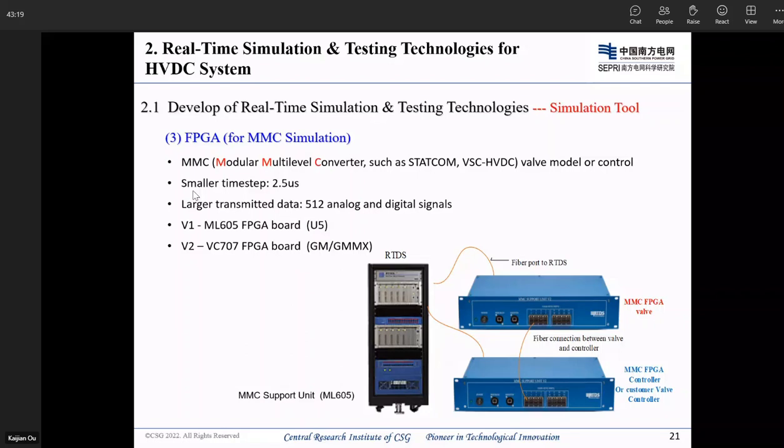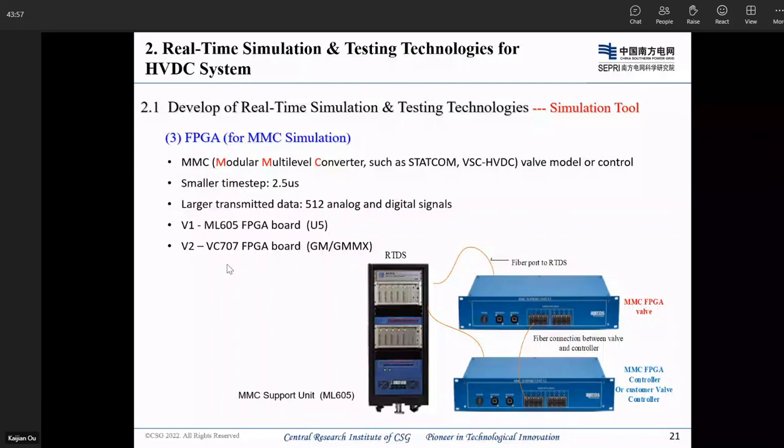Because MMC switches very fast, we use a smaller time step to simulate it. The simulation time step is 2.5 microseconds. For LCC HVDC, we use 50 microseconds. For MMC, we use 2.5 microseconds in APJ.